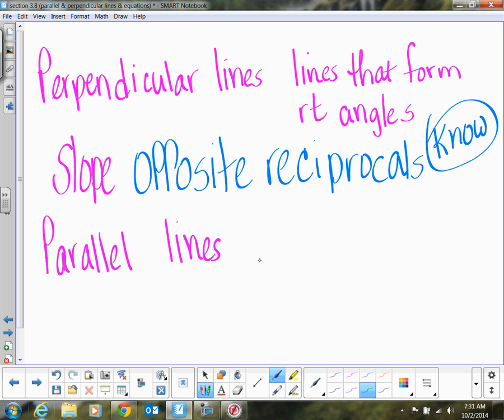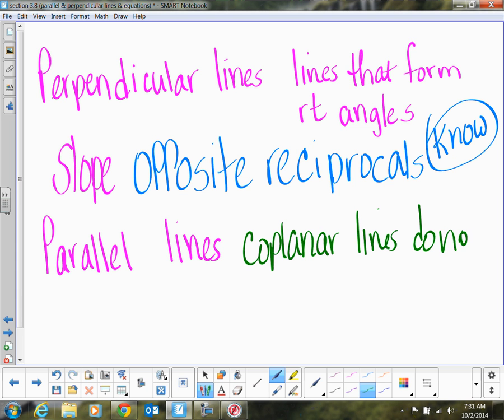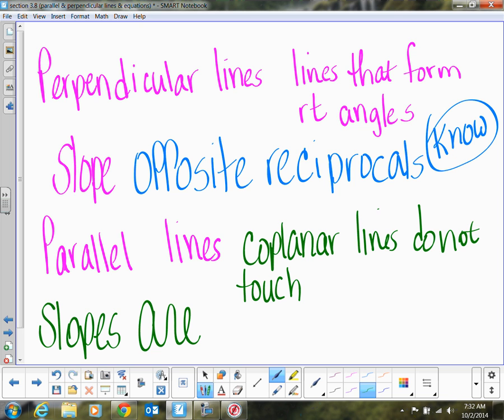All right, what are parallel lines? They are coplanar lines that do not touch. But what's really big about parallel lines? Their slopes are the same, or equal.